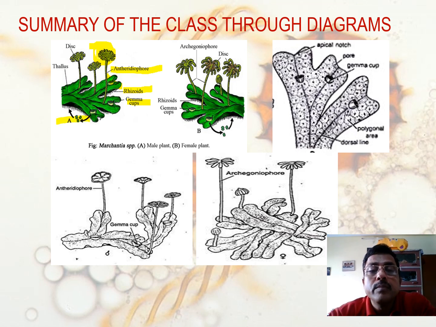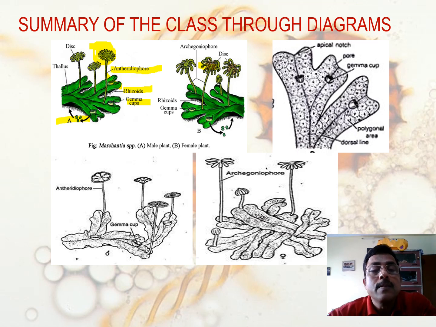This figure B belongs to the female thallus. Here the morphological nature is the same as the male thallus, but the only difference is the archegoniophore, which possesses a disc with some finger-like projections.